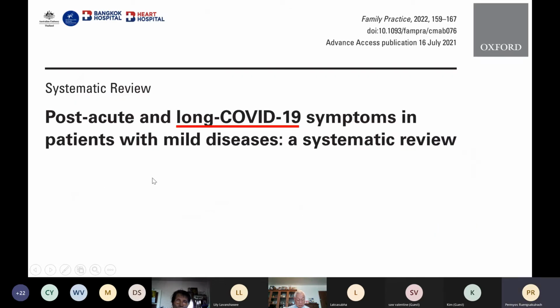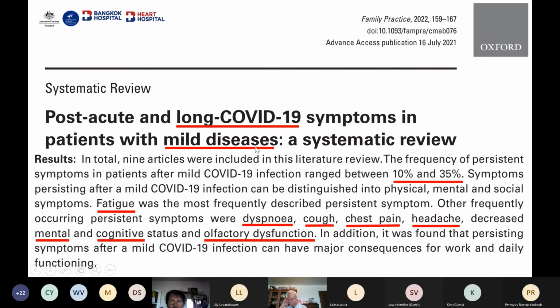And this is the long COVID. Even in my case, like Omicron, most Omicron is a mild disease, but you still have long COVID symptoms. About 10 to 35% have long COVID after mild disease.